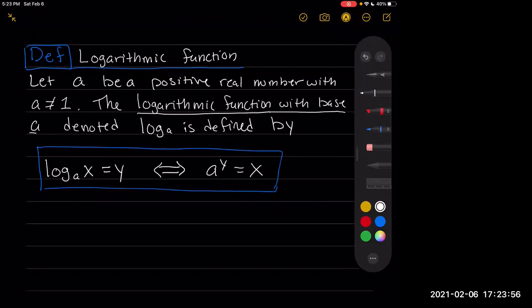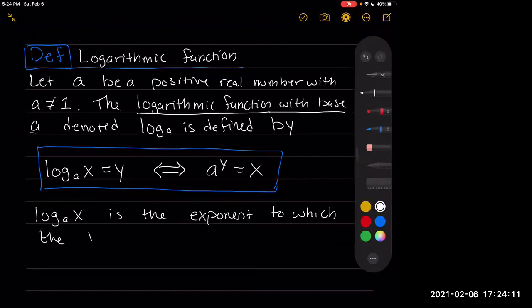So what this means is log a of x is the exponent to which the base a must be raised to give x.